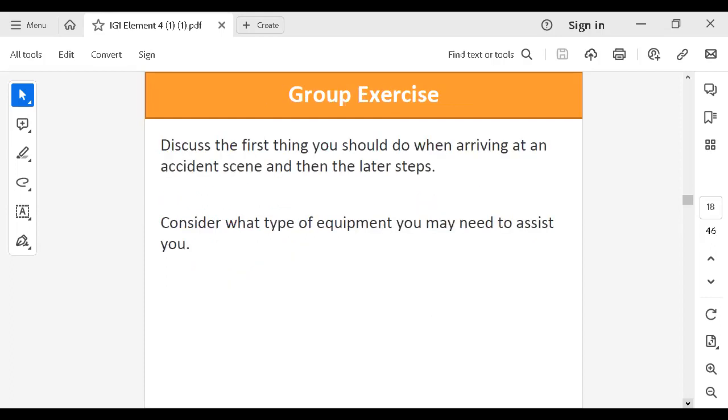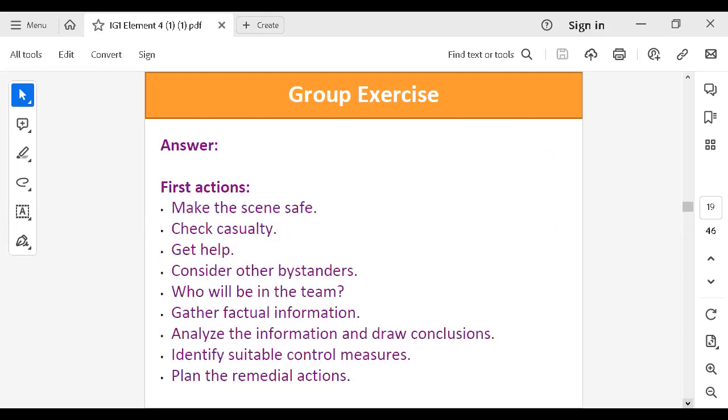Group exercise: discuss the first thing you should do when arriving at the accident scene, and then later steps, and consider what types of equipment you may need to assist you. Okay, so the answer for this. First action, make the scene safe. First thing when we are investigating, we need to secure the scene.